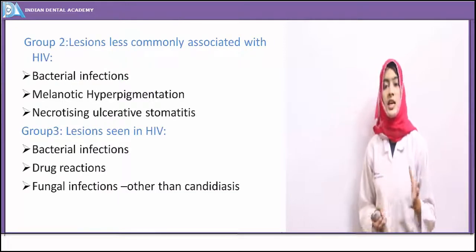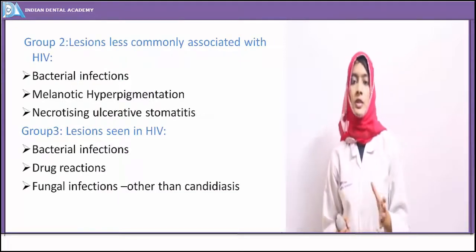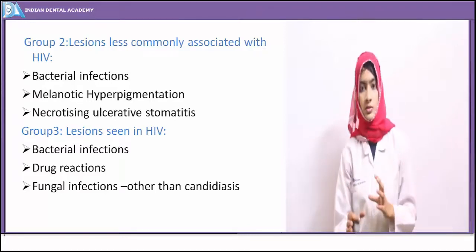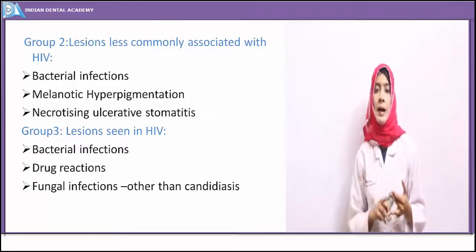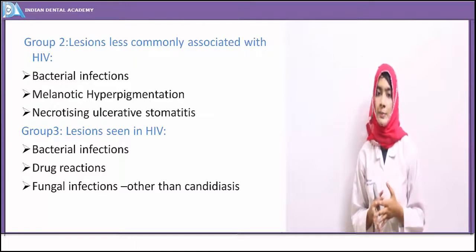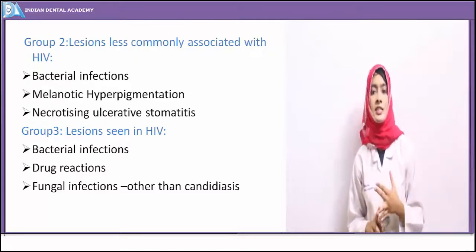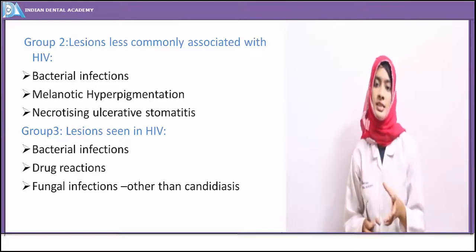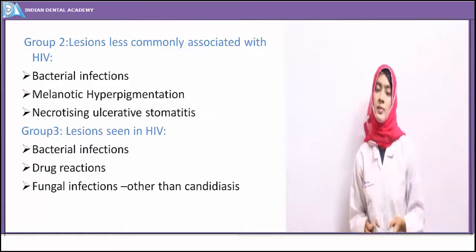Then group 2 lesions are lesions which are less commonly associated. They may or may not be present in association with HIV. These are the bacterial infections, melanotic hyperpigmentation and necrotizing ulcerative stomatitis. Group 3 lesions are lesions which are seen sometimes in HIV infection.